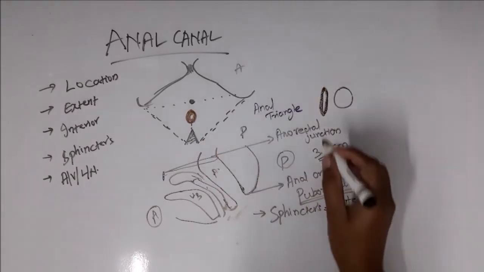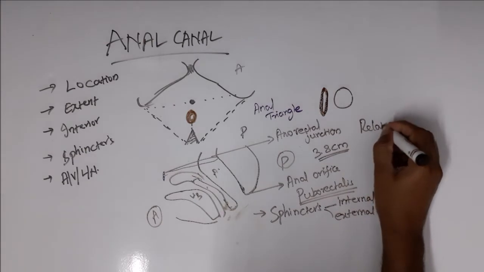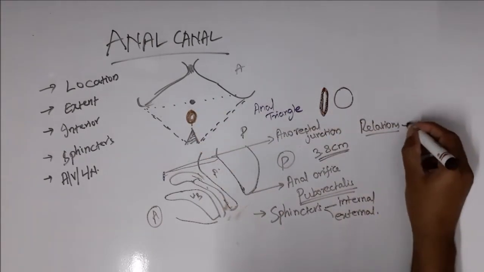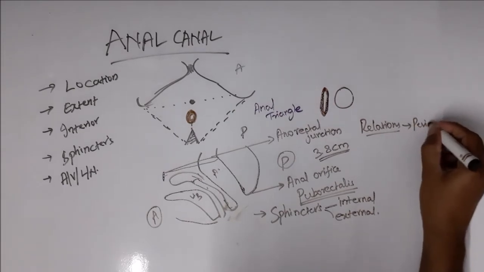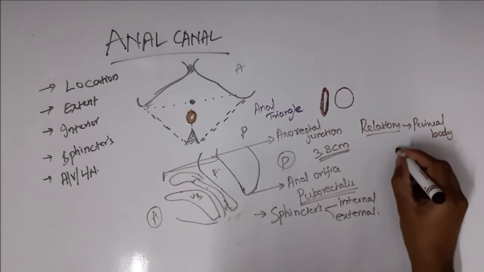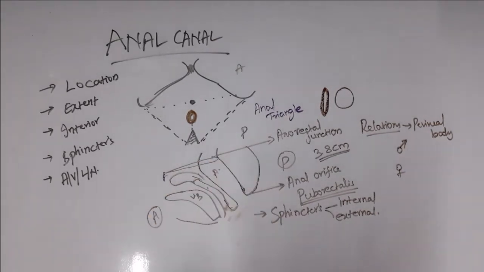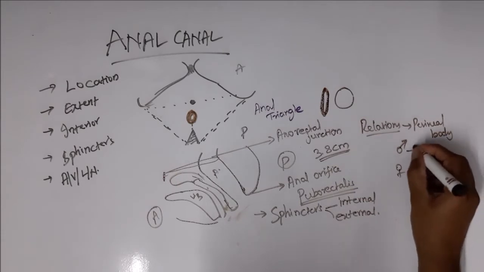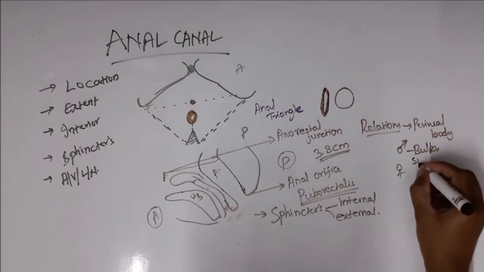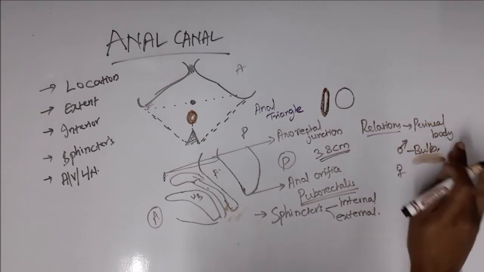If you see in this diagram what is related anteriorly with this anal canal: the perineal body, which is common for both males and females. If it is in males, anterior to that there will be the bulb of penis followed by the membranous urethra.